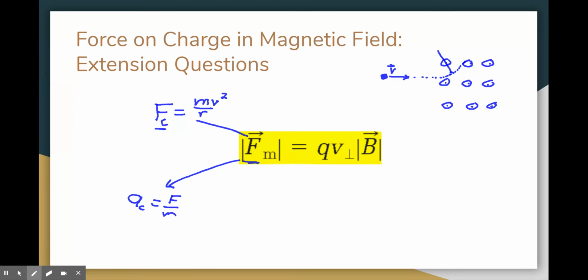So we can start to predict the radius of the circle that this thing is tracing. It's tracing a larger circle here. I haven't shown the whole thing, but you can see how it'll travel in the path of this circle. So this is the most common extension of the formula for the magnetic force in a magnetic field. Let's take a look at an example question.